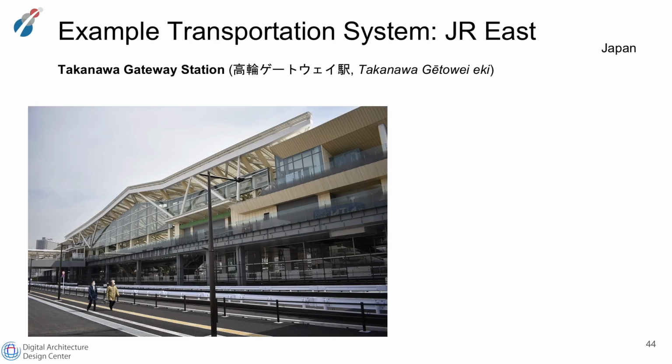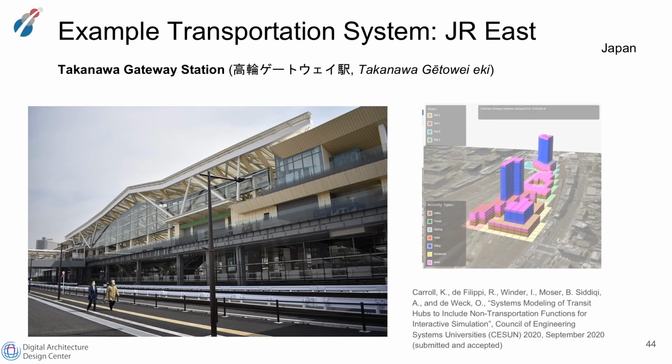And so let me just give you three examples, and you'll hear about some of these examples, especially the stakeholders involved with these systems, from Brian in the next lecture. So, for example, Takanawa Gateway. So the whole rail or public transit network in Japan, which is one of the very best in the world. And Takanawa Gateway Station is a new element, a new entity that is being developed in that particular system.